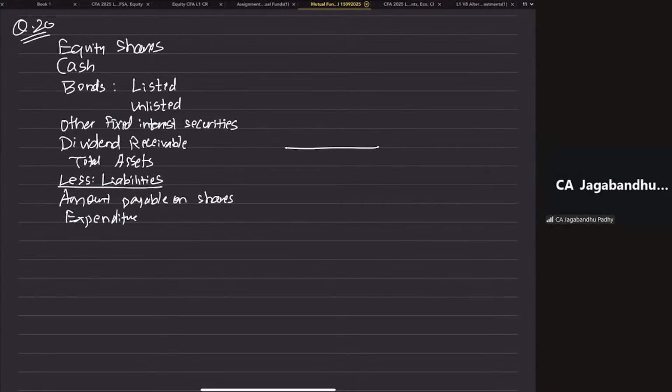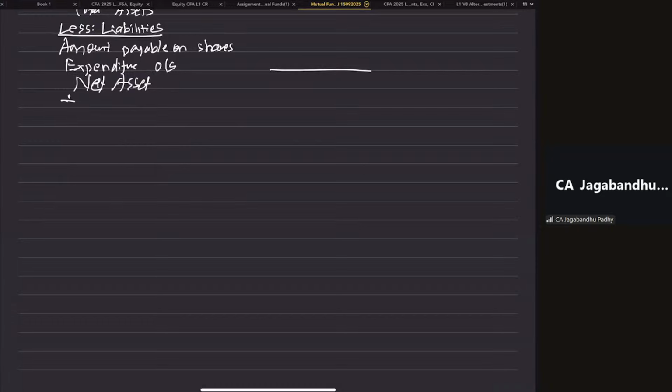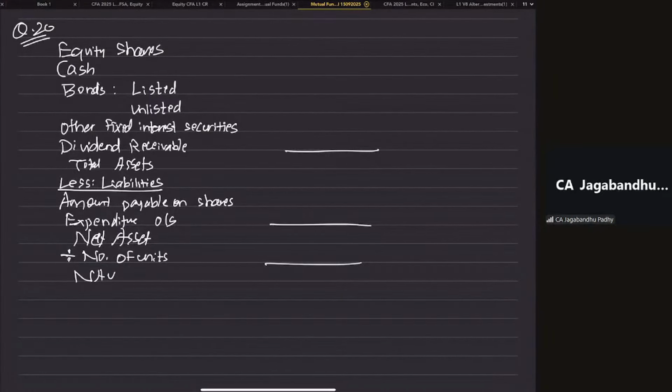Or you can also call it expenditure outstanding. That will give us the net asset. Then we divide it by the number of units, which will give us the NAV. Correct?